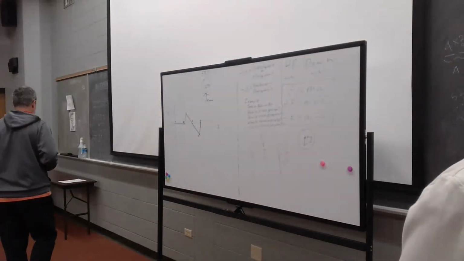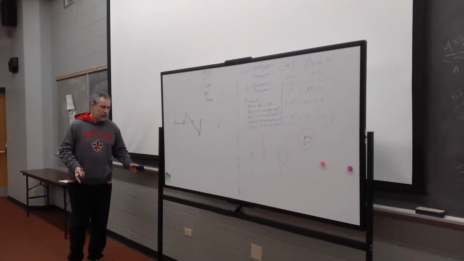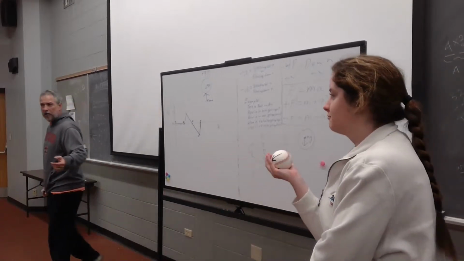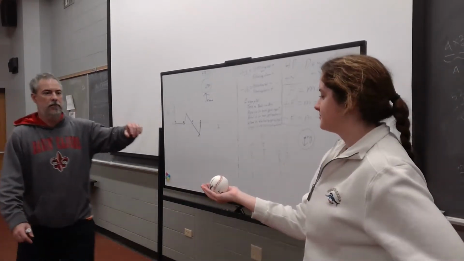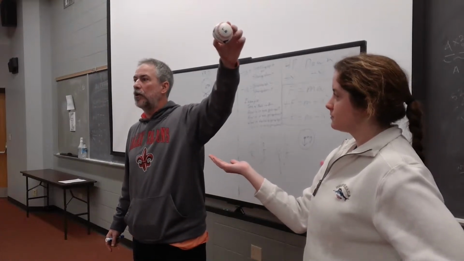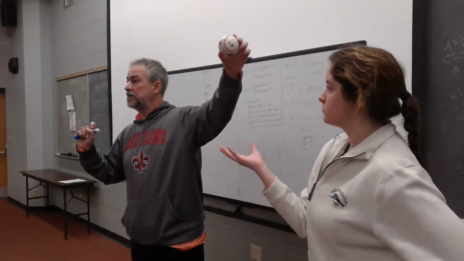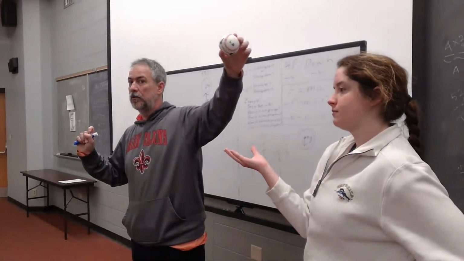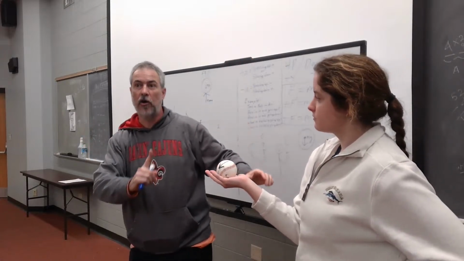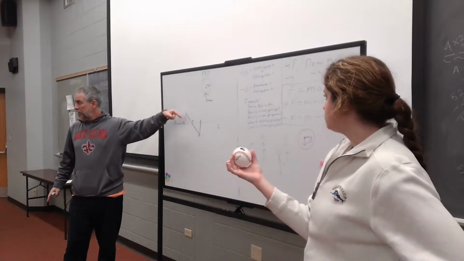All right, let's ask a couple questions. So, do the ball toss one more time here, please. Toss it up. At the tippy top, here, is the ball accelerating? Yes, good. How is it accelerating? Positive or negative? Good. When the ball is traveling up, you may look like it's going down.